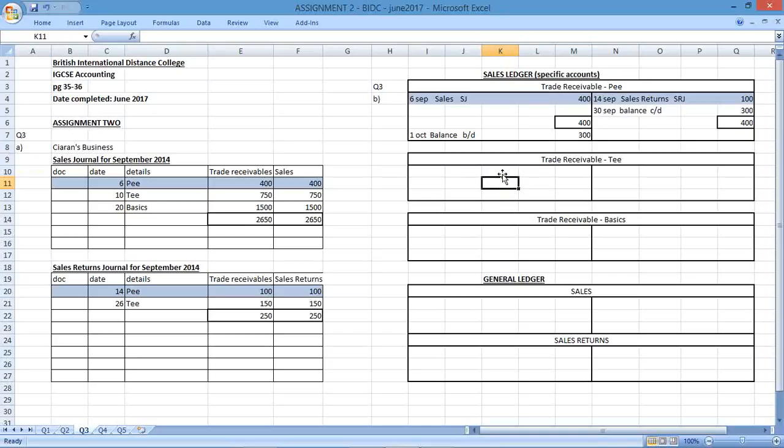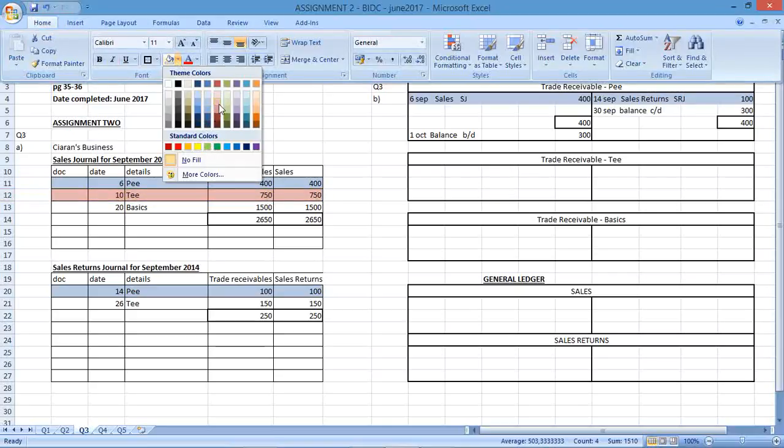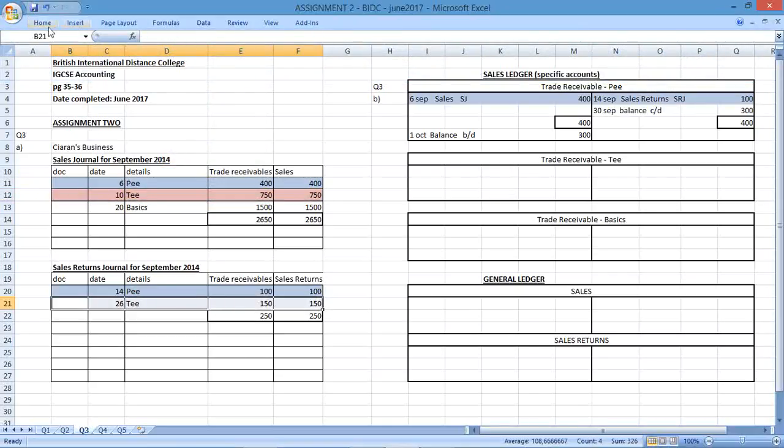Then I need to look at trade receivable for T. So I've got T here, and I've got T there. So again, the same references are going to be made in T.